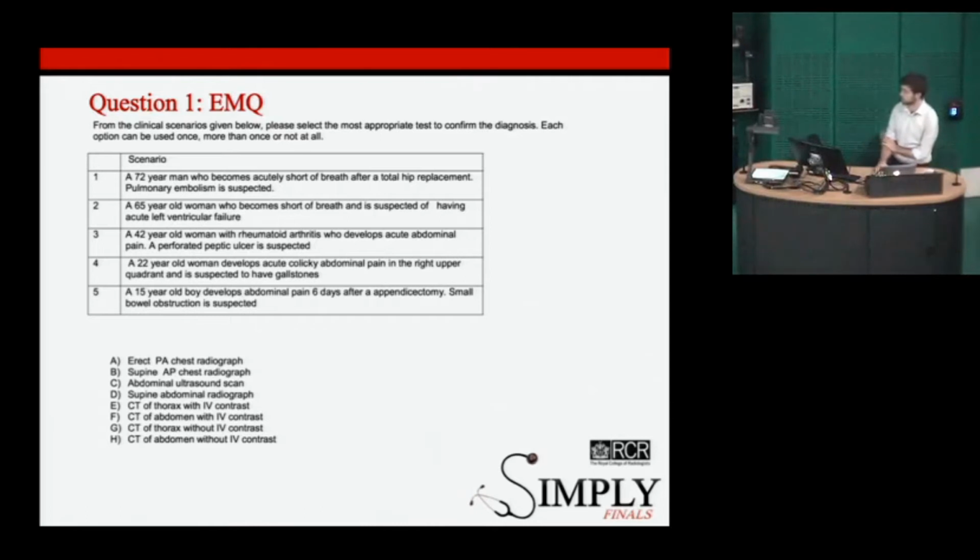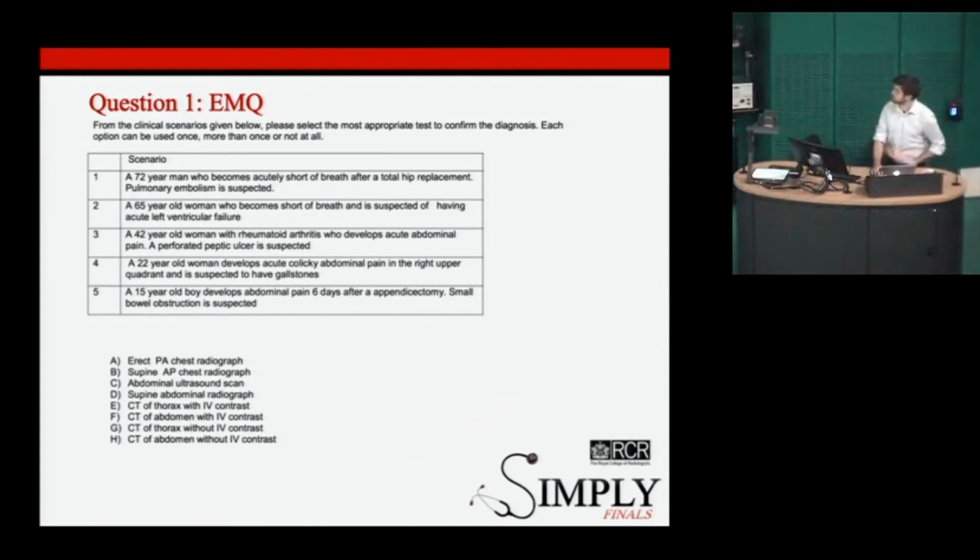And so erect I don't think really matters, but it's the only PA chest x-ray, so that has to be the answer. 42-year-old with rheumatoid arthritis, perforated ulcer. Yeah, A, because it has to be an erect chest x-ray. It doesn't need to be PA, so kind of trick.